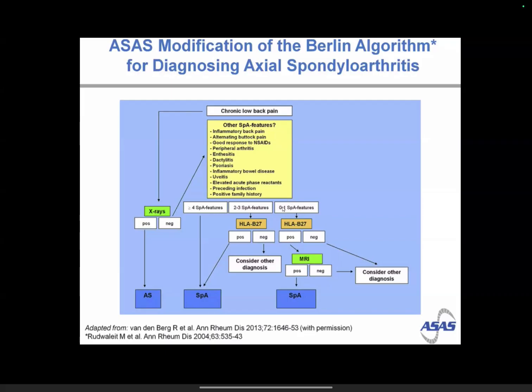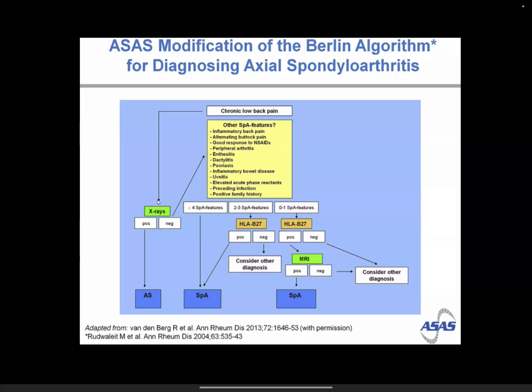Now, if there is nil or 1 SPA feature present, but with HLA-B27 positive, then get a MRI done. If the MRI is positive, that makes it a SPA. So don't be in a hurry to label everything ankylosing spondylitis or SPA just based on MR signal.